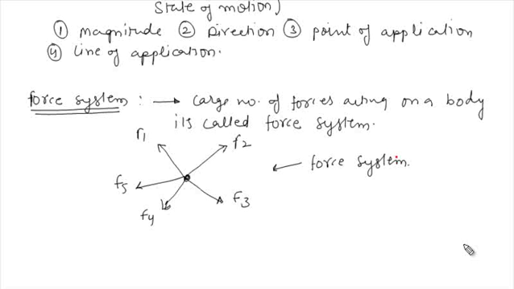So a force system is a large number of forces acting on a body, and this combined system we call a force system. There are various kinds of classification in force system. One by one we will take each classification, and let's start with the classification of force system.